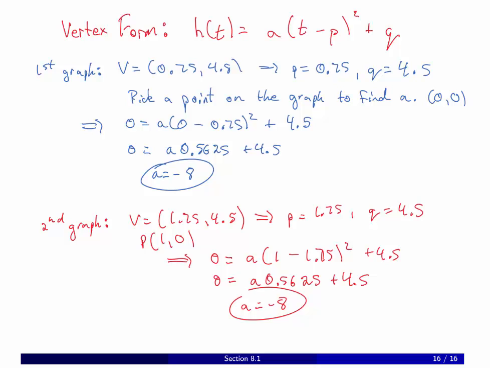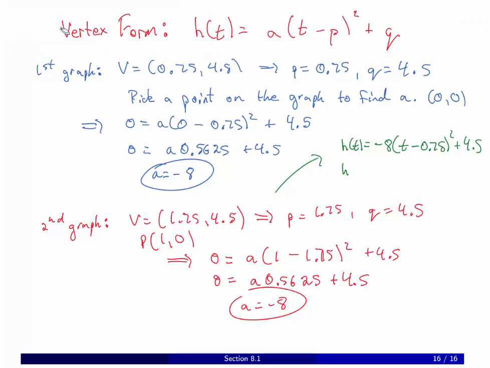Okay, so the 2 equations, which maybe I'll do in green, are h of t equals negative 8 times t minus 0.75 squared plus 4.5. And the other one is h of t.